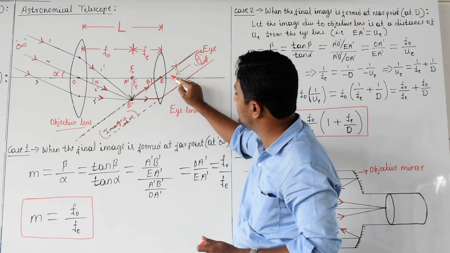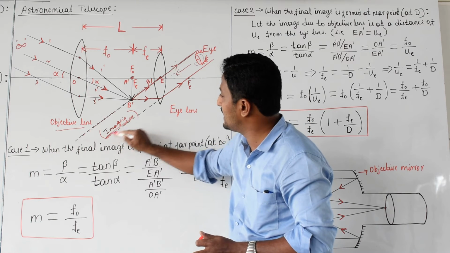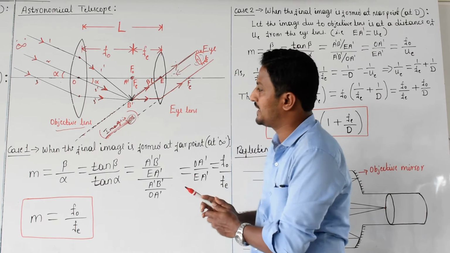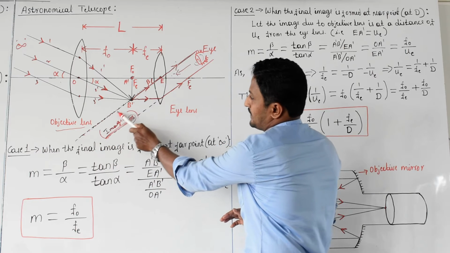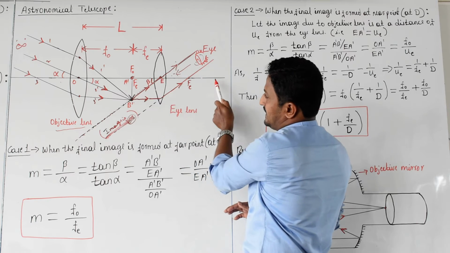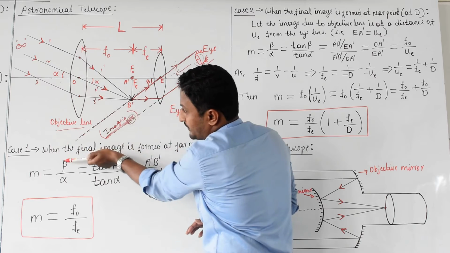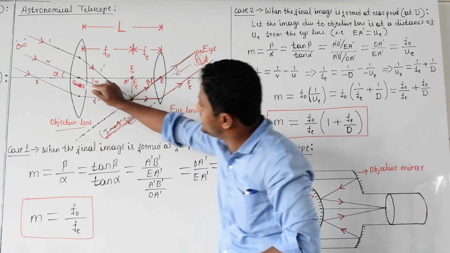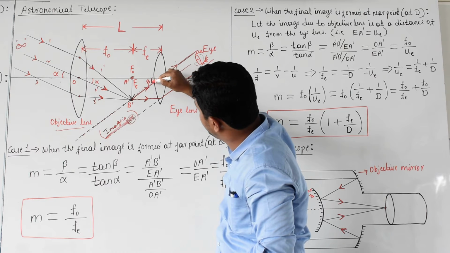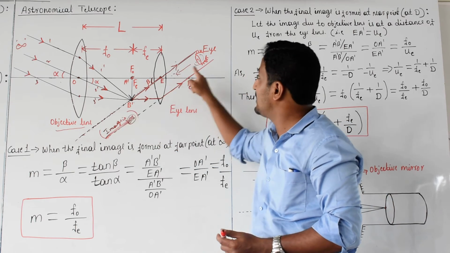For your eye, that image which is at infinity is going to subtend this angle. This is the horizontal line, somewhere here that image is there, and this is the portion covered by that image. This beta is the angle subtended by the image at your eye.